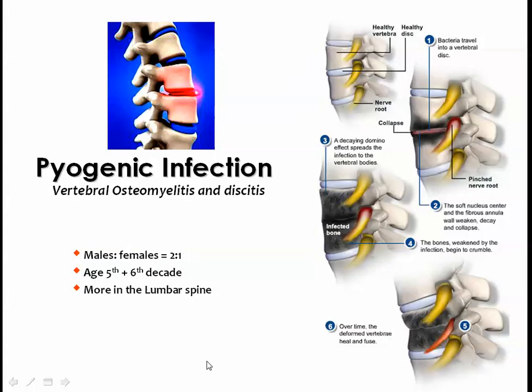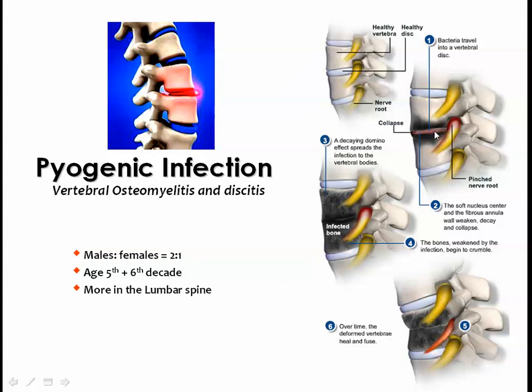Then disc space infection can be due to pyogenic organisms and other causes, as I have explained in detail in the lecture of spinal infection. But in cases of postoperative spine, you sometimes get pyogenic infection at the level of surgery, and this will be similar to the pyogenic infection without surgery.